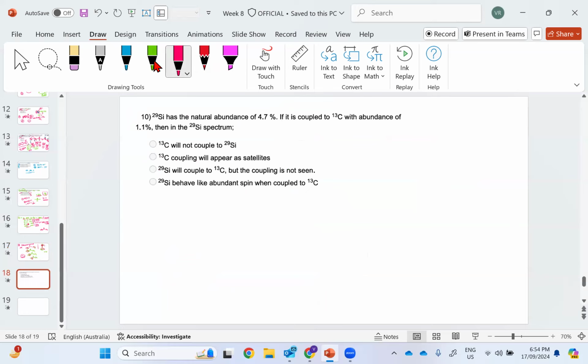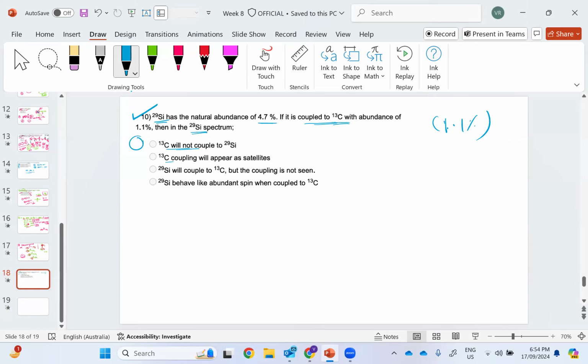Here is another question. Silicon-29 has a natural abundance of 4.7%. If coupled to 13C with an abundance of 1.1%, then in the Si spectrum: the first option, 13C will not couple.